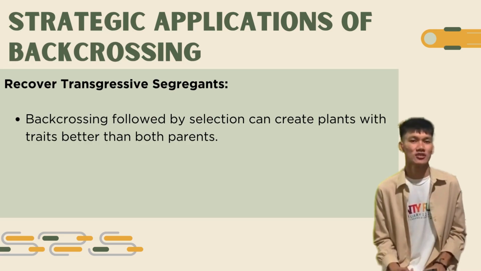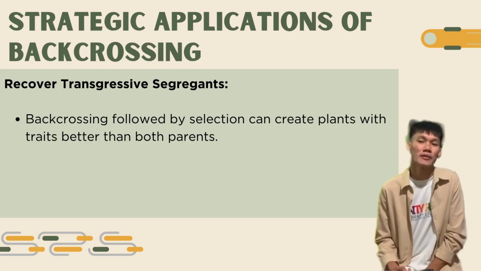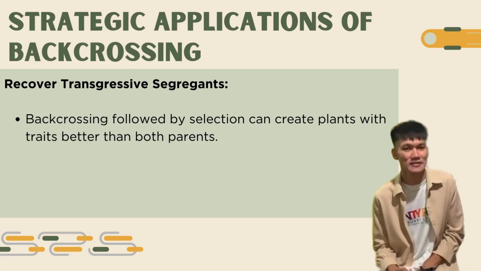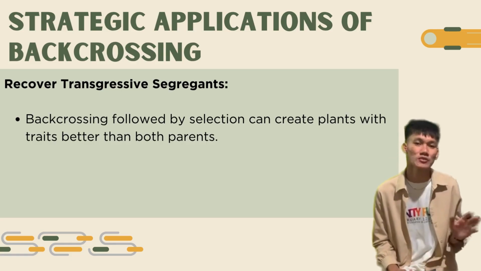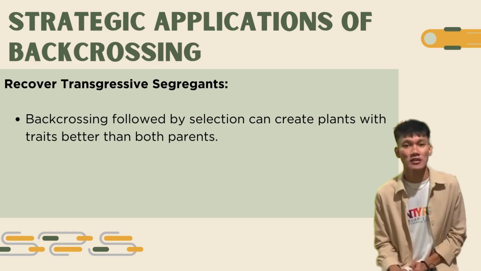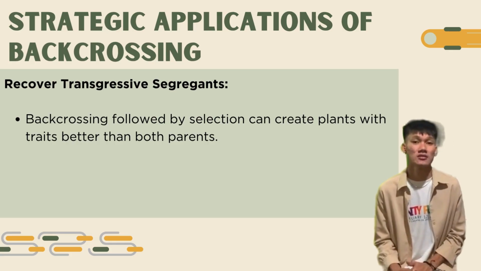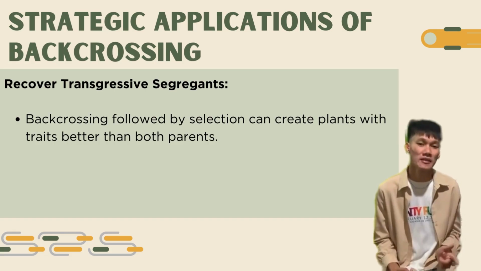In simple terms, when two different parents are crossed, their offspring can sometimes have traits that go beyond the strength of both parents.